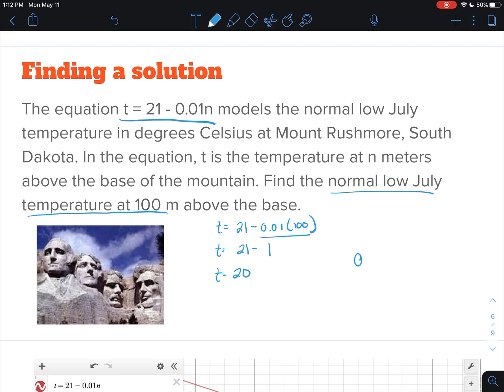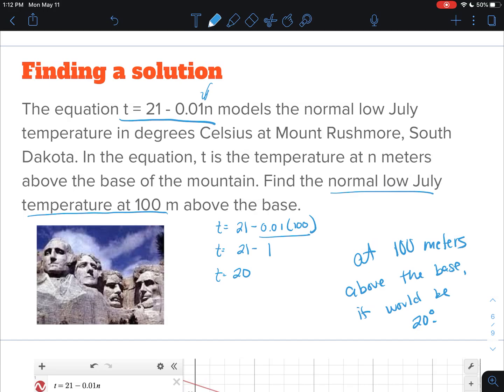And then 21 minus 1 is 20. So at 100 meters above the base, it would be 20 degrees.